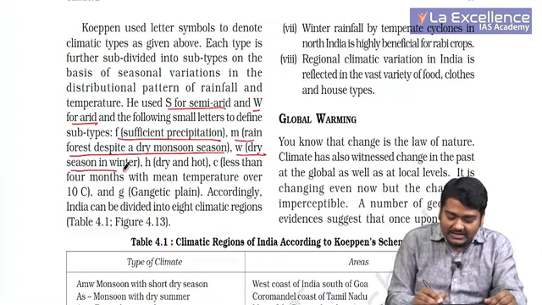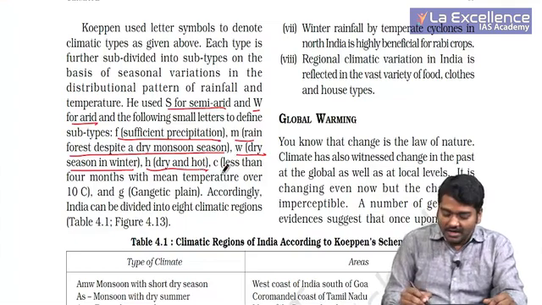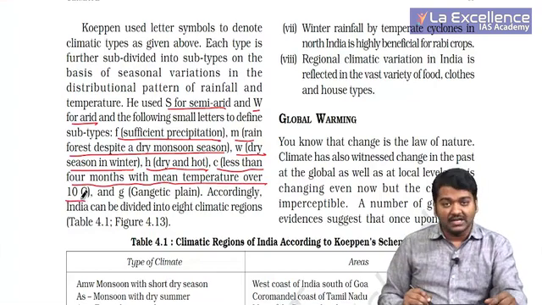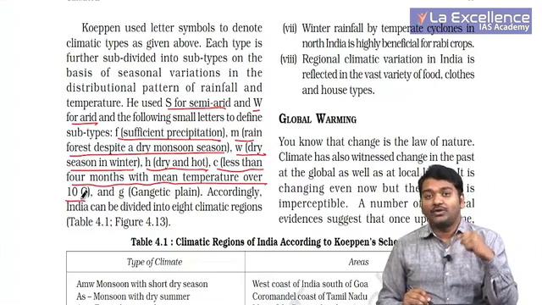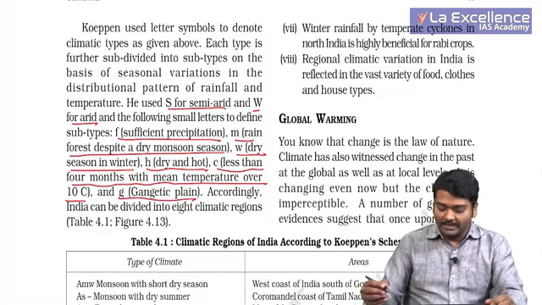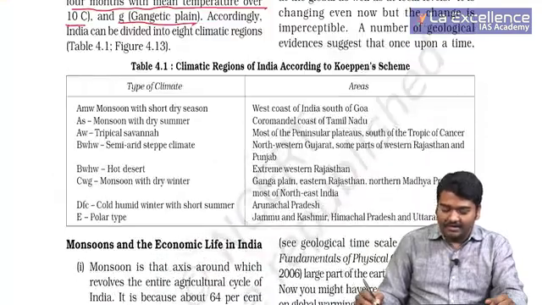W, dry season in winter. H, dry and hot. C means less than 4 months with temperature over 10 degrees Celsius, that is we are talking about cold temperate region. G means Gangetic plain. On the basis of this, he tries to divide Indian climate.